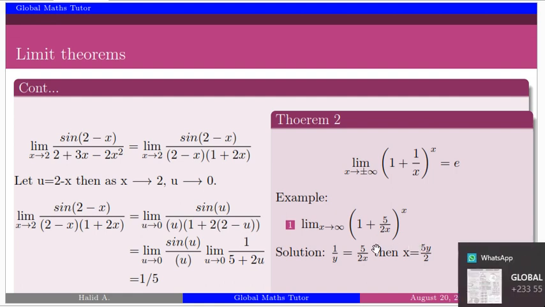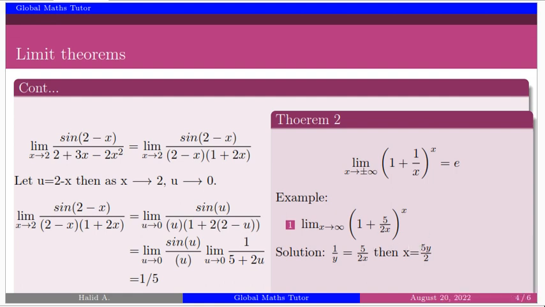Then let's substitute these terms. That means 1 plus 5 over 2x will be substituted by 1 plus 1 over y, and x will be substituted by 5 over 2y. So this limit is the same as finding 1 plus 1 over y to the power of y, and the whole power 5 over 2.